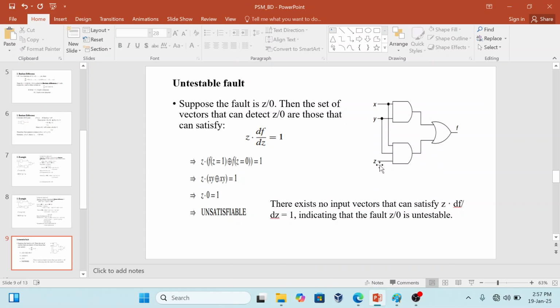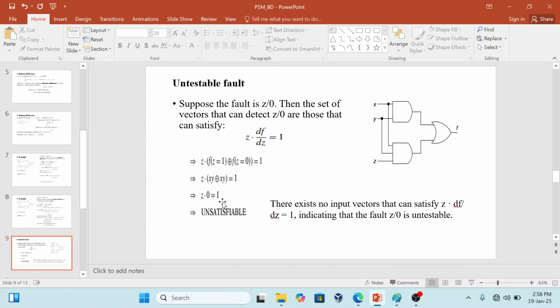Substituting z equal to 1, we get xy, and substituting z equal to 0, we find the expression. So you are getting xy XOR xy. The XOR operation of xy and xy is nothing but 0. So z into 0 is 0, which is not equal to 1.